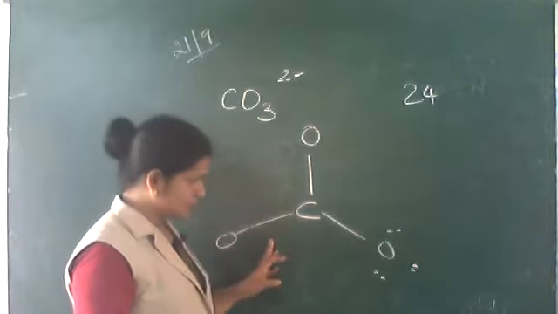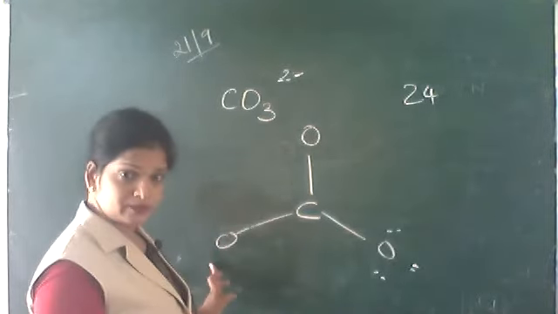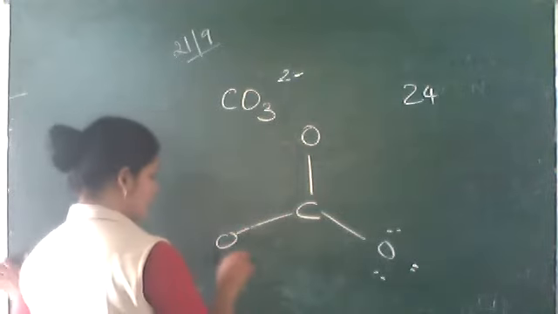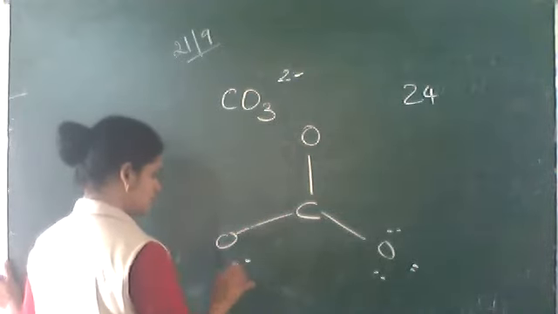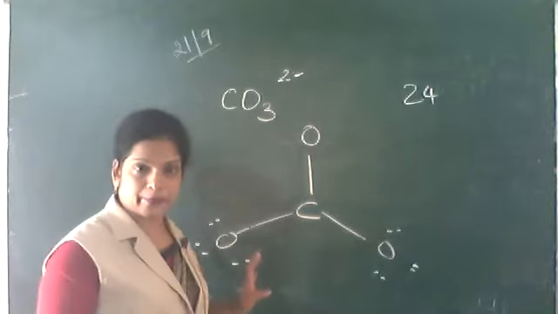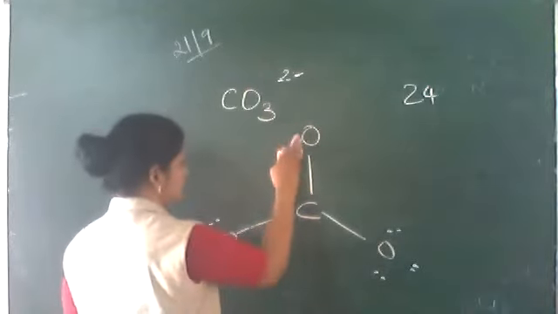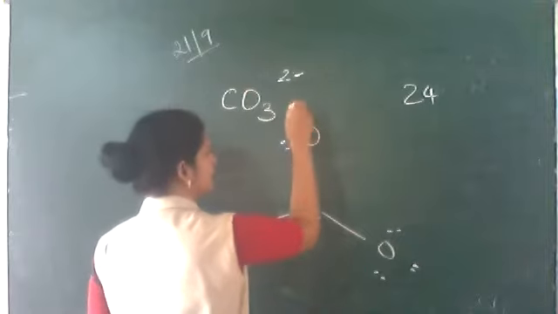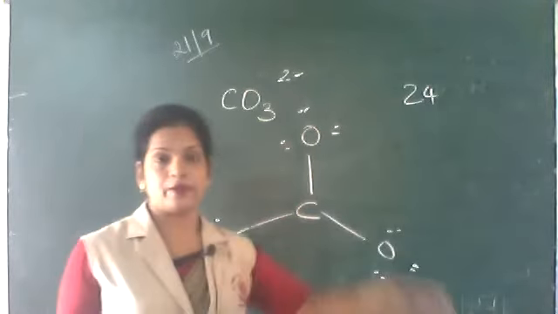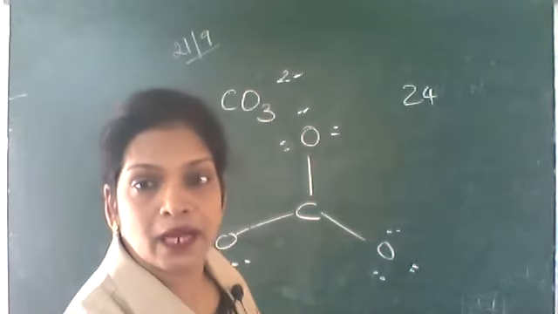So that oxygen is happy. Now this oxygen: 2, 4, 6, 8, 10, 12, 14, 16, 18. This one is happy. 18 electrons done, and 24 is the total. So 18, 20, 22, 24. That oxygen is also happy. All the electrons are over.